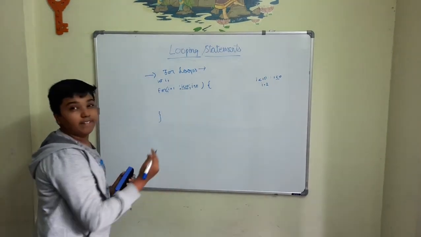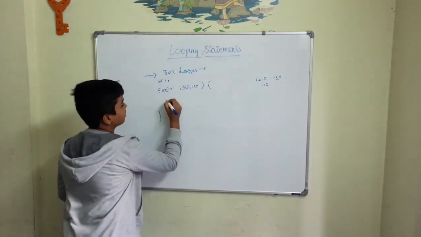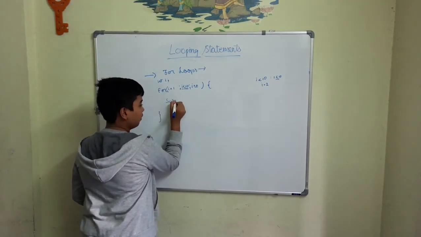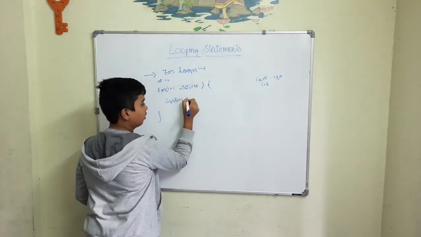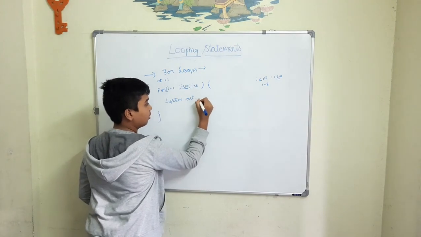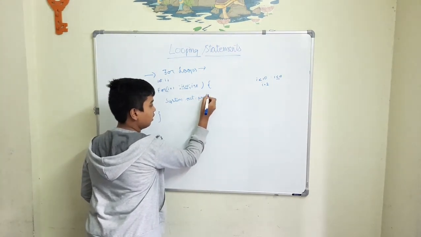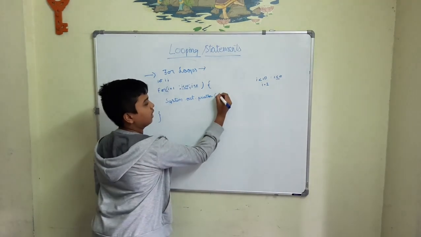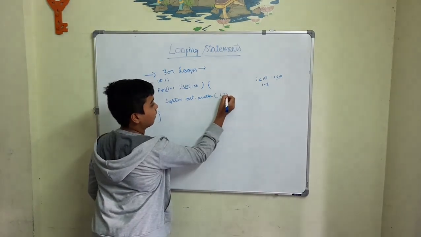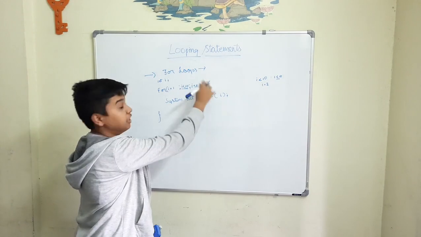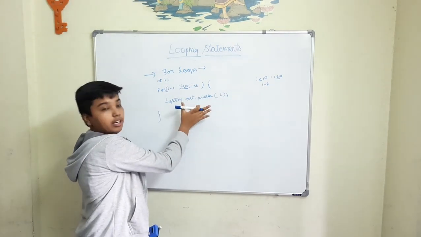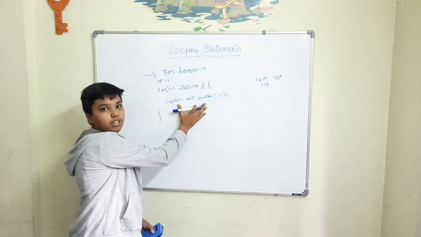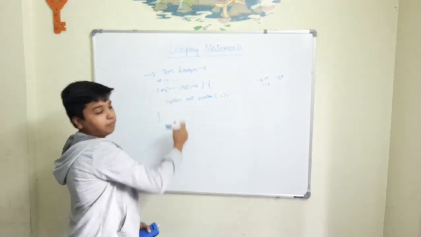So if you have a statement like system.out.println, brackets, give I. So it will print I each time it's iterated, because it takes in whatever code you give it and does that and iterates again.